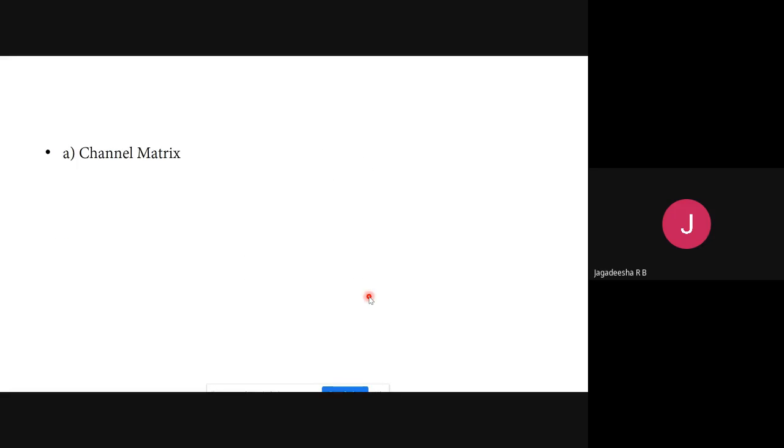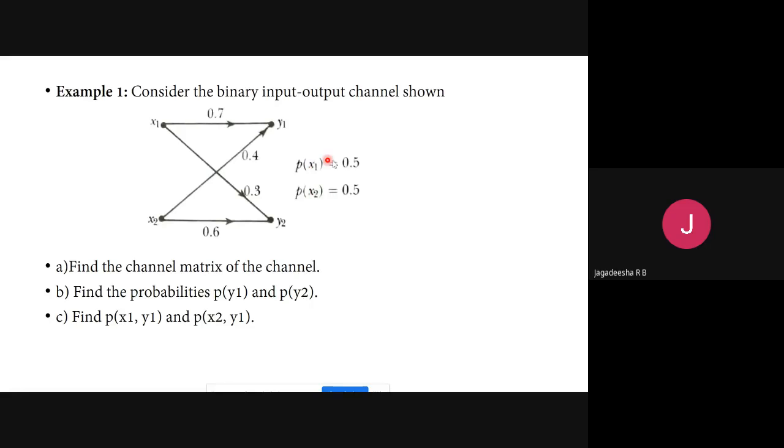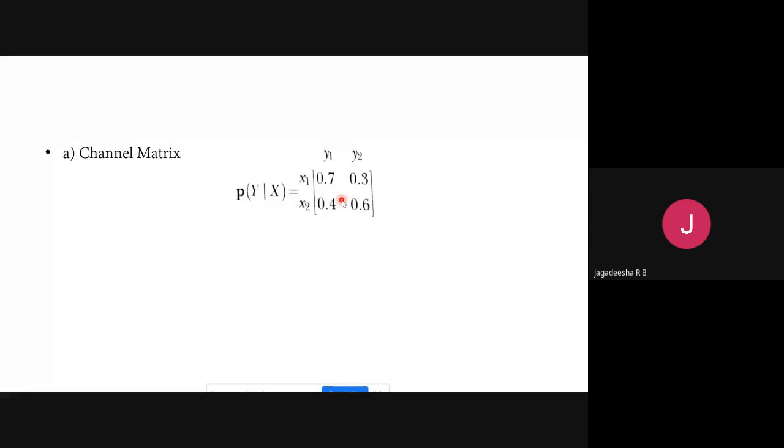Do we know these values? Of course, yes, because this is straightforward from the given question. We know the probability of x1 and x2 as 0.25 each. So that leads us to get these values. That is, probability of x1 is 0.5 and probability of x2 is also 0.5.